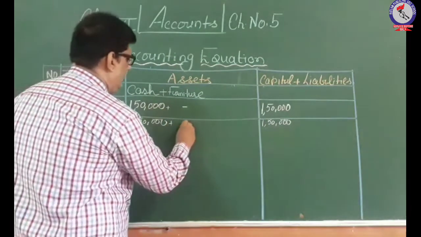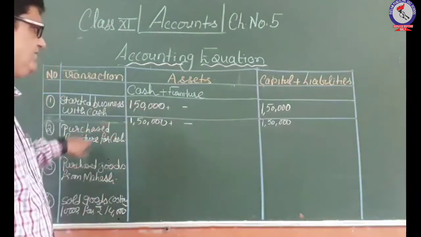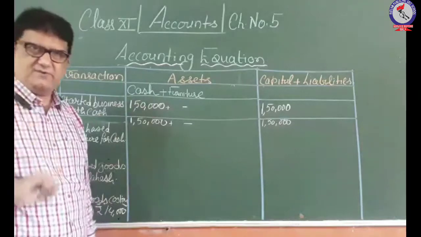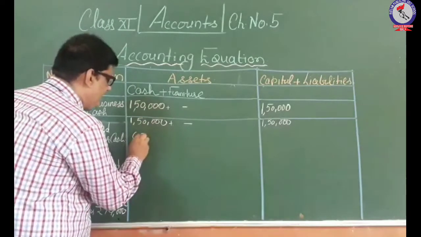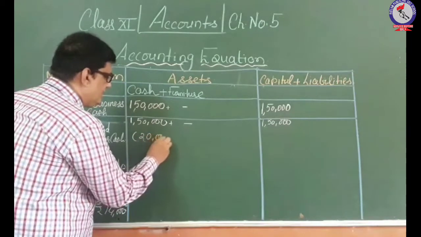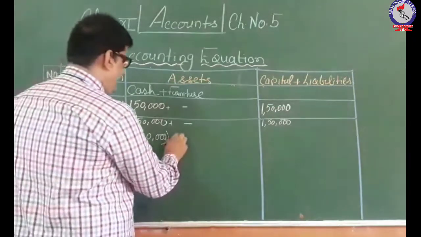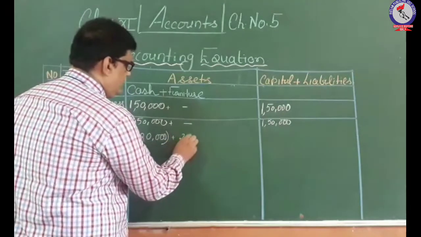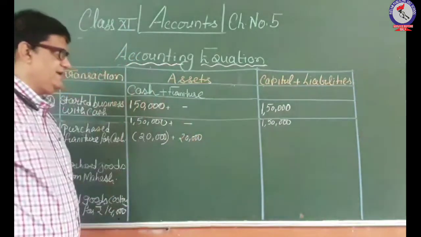So there is no balance forwarded for furniture. Now in this equation we have purchased the furniture for the very first time. So 20,000 rupees we have paid. So the cash will decrease by 20,000 rupees, and furniture as a new asset increases by 20,000.